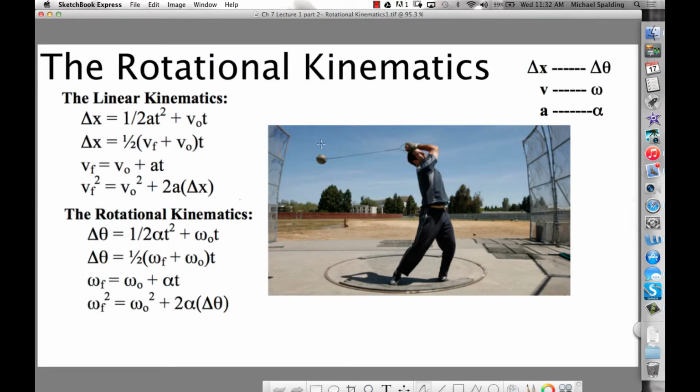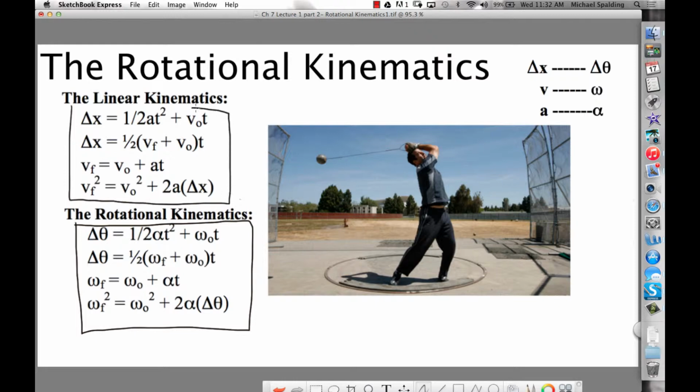Okay, guys, you do not have 4 new equations to memorize. The thing I want you to see is that these rotational kinematics are the same equations as the regular linear kinematics. All that's happening here is that linear displacement becomes angular displacement.